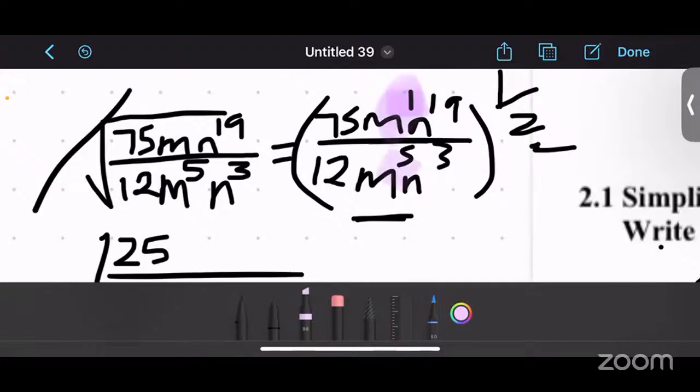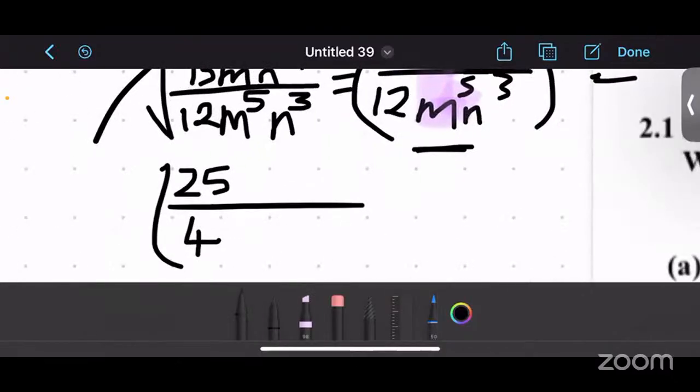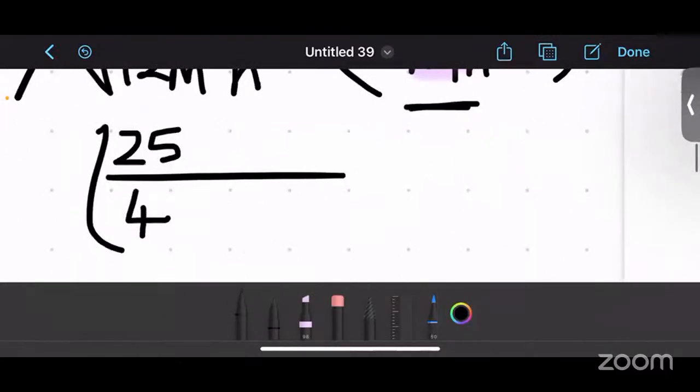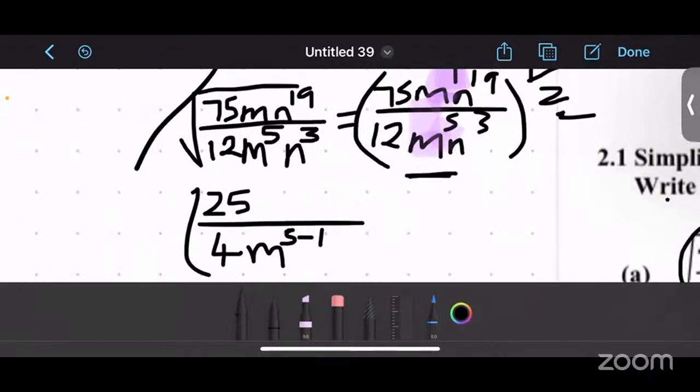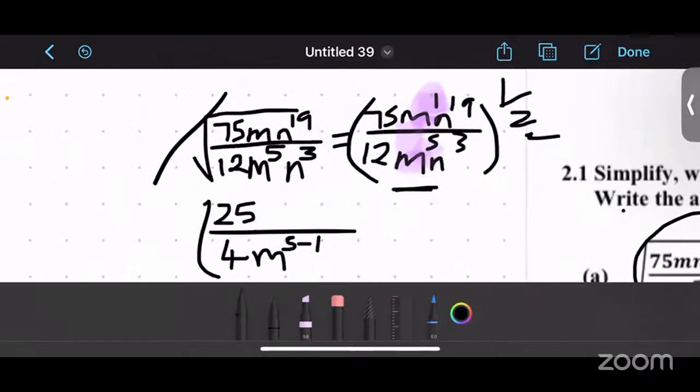Remember, when you are dividing, you subtract the exponent. So it's going to be m to the power of 5 minus 1, because we subtract the exponent when we are dividing. I'm done with this one.